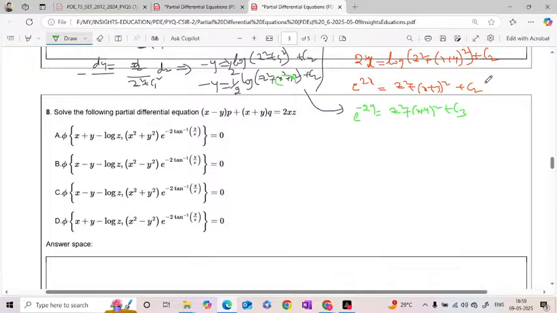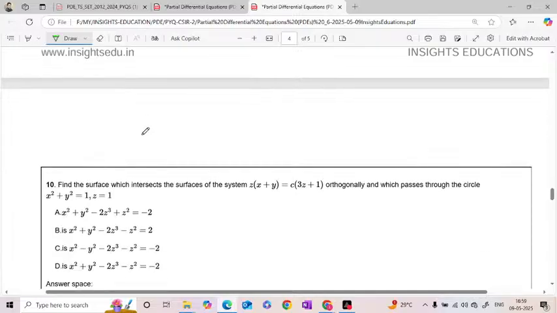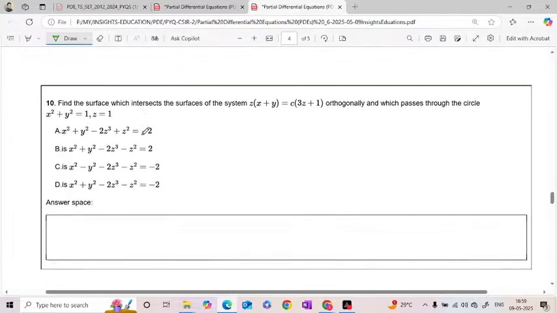Answer. Okay, anyway, try this one. Solve. The option is missing. This problem is, I think, over.